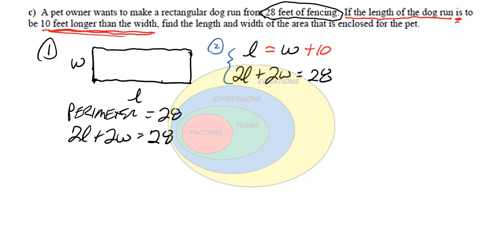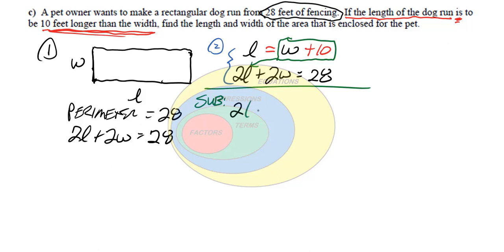All right, so solving. This one's kind of nice because L is already solved in the first equation. So I'm going to take this W plus 10 expression and plug it into the second equation for L. The substitution would give me 2 times L, which is the expression W plus 10, plus 2W equals 28.